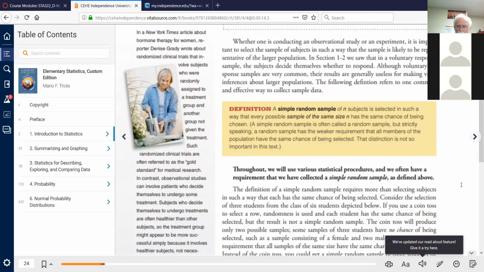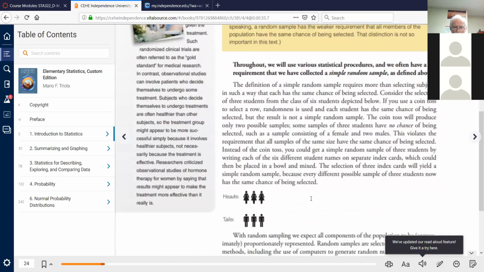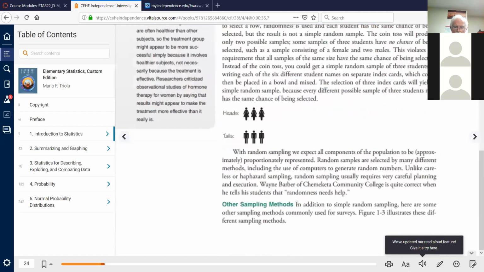But we do our best with this, and as is the case with all of these things, we do our best to do that. So basically, we want to use those sampling methods as random as possible. Why do we want random? Because random is one of the few ways that we can remove as many sources of bias as possible.